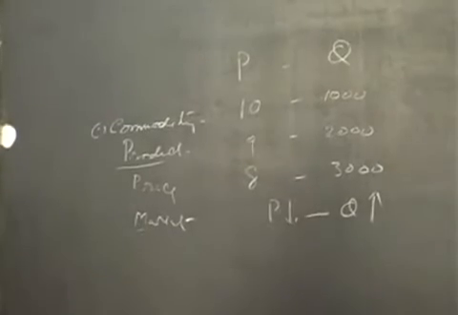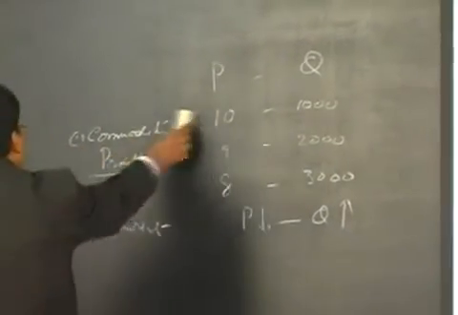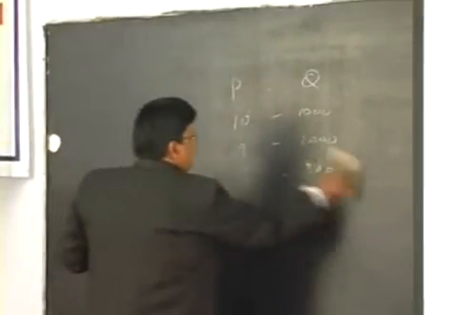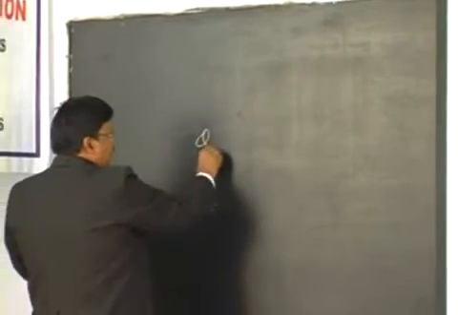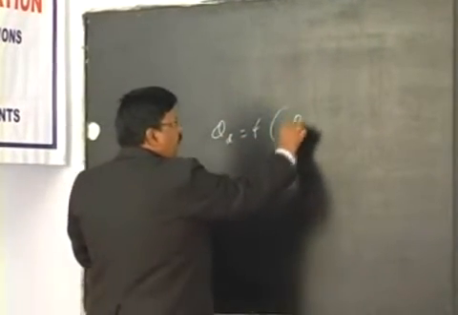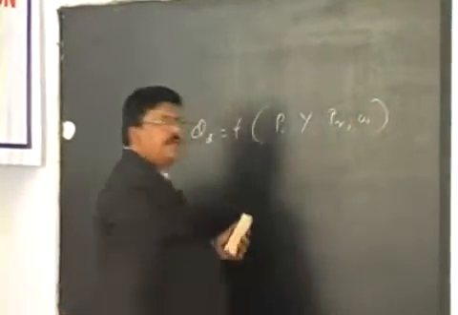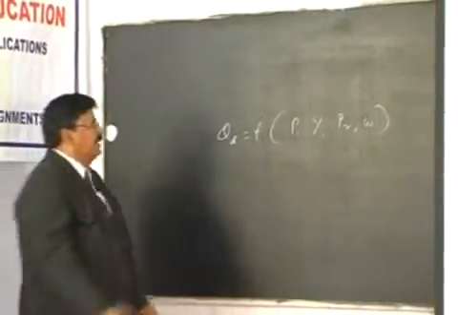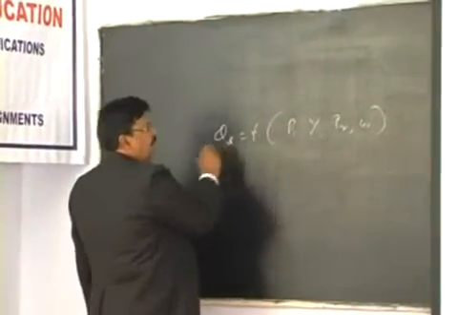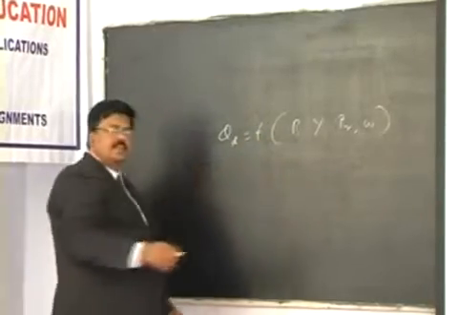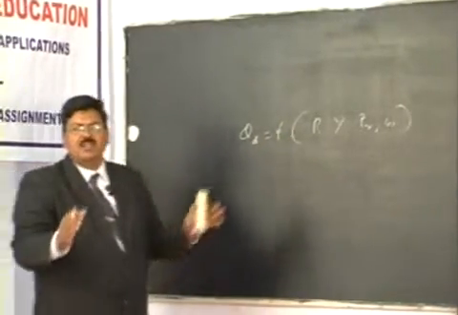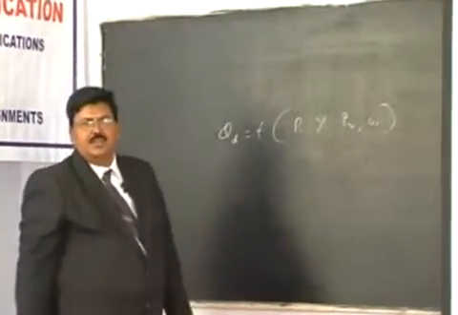So let us come to the demand function. Quantity demanded is a function of own price, incomes of people, price of related goods and wants. We have seen that when price increases, quantity decreases, or when price declines, quantity increases. That is, an inverse relation between price and quantity is established.